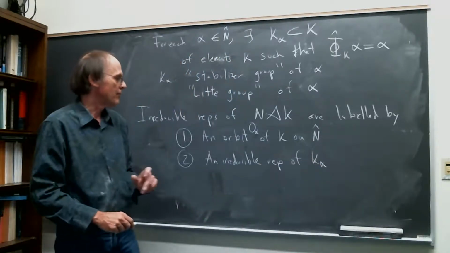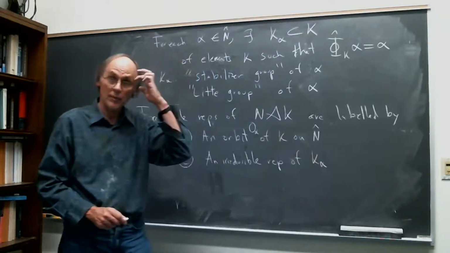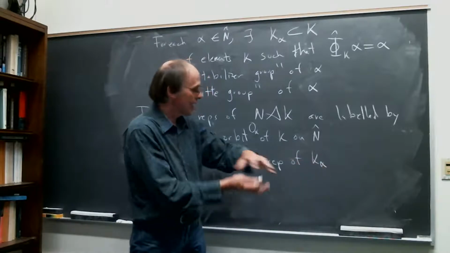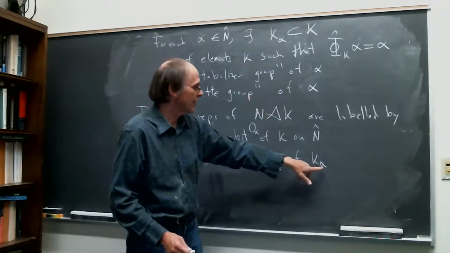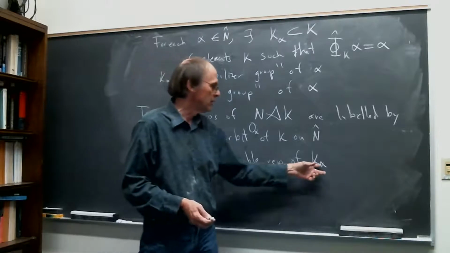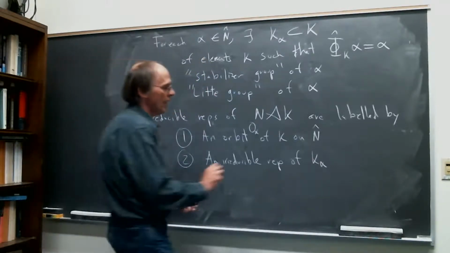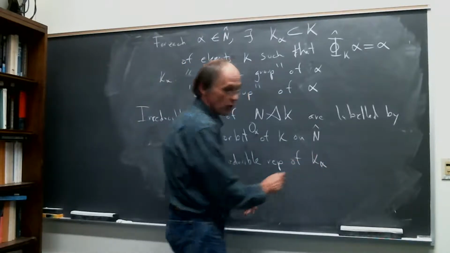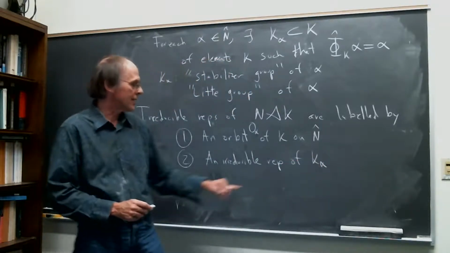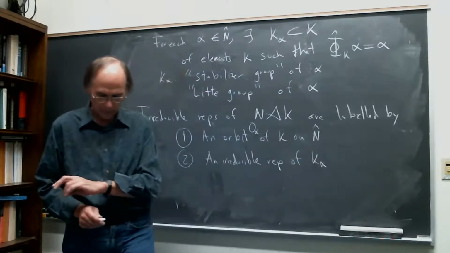That's going to be an analog of the helicity. But as K gets bigger and bigger, these K alphas get bigger, and you have to use more and more representation theory. But in the case of E3, that K alpha was SO2, and we knew what to do.